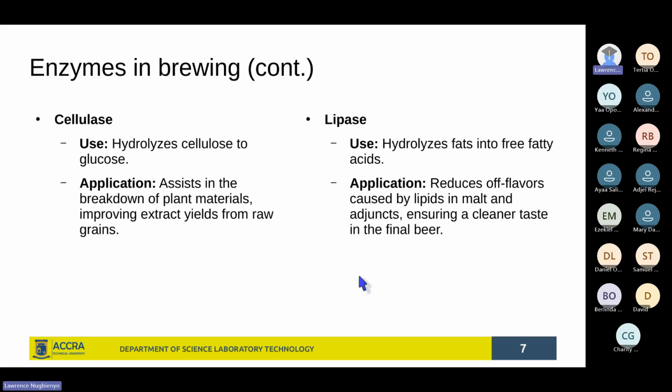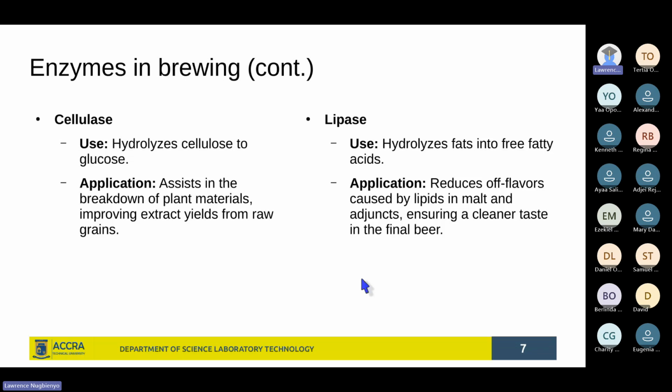Cellulase. Cellulose is one of the commonest of the carbohydrates when we refer to the indigestible part, the fibrous part of carbohydrates. Cellulose is a major part that, again, in the brewery, if you are using alpha amylase, beta amylase, yes, beta amylase can break down those beta 1,4 glycosidic bonds inside cellulose.